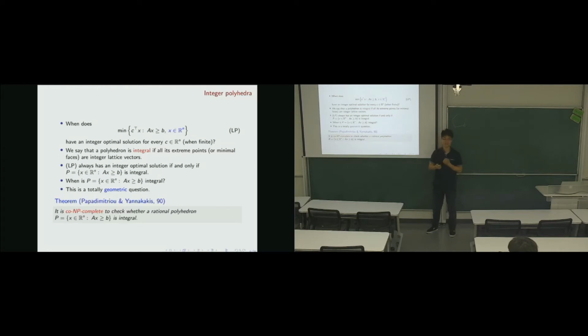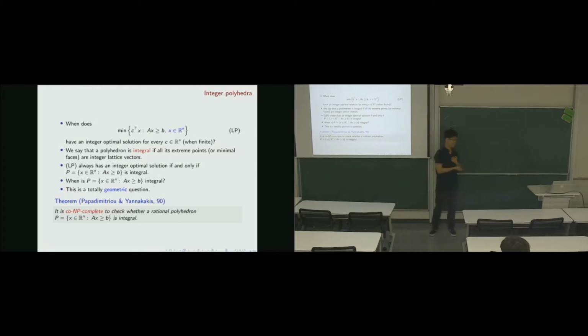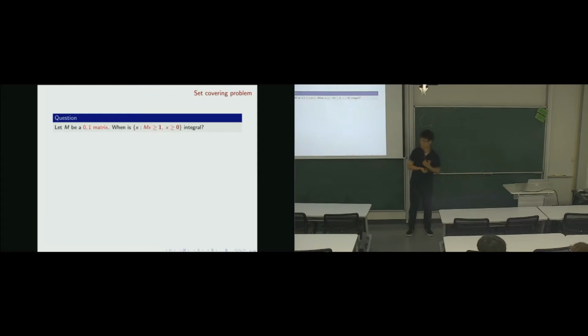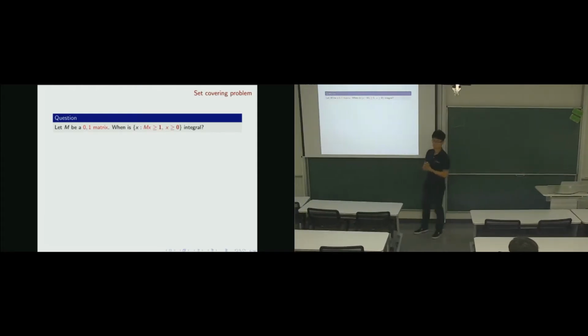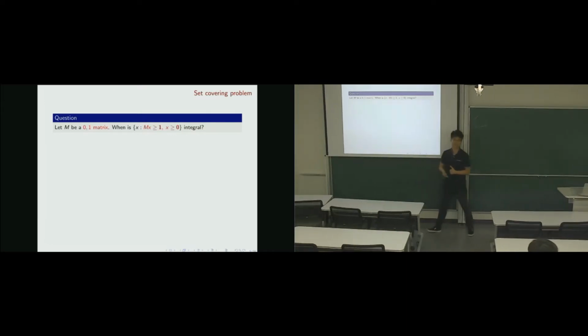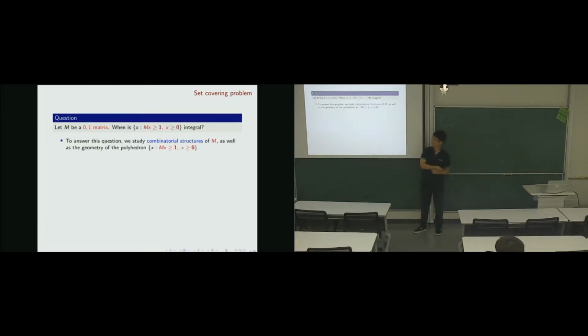So I can ask you a simpler question after imposing some conditions on the constraint matrix. I now assume that the constraint matrix is 0, 1, and the right-hand sides are all ones.